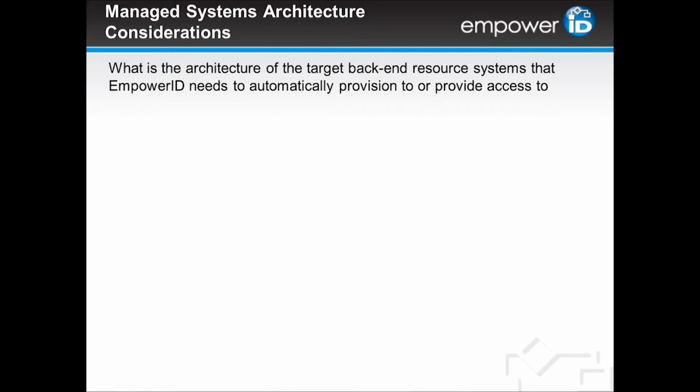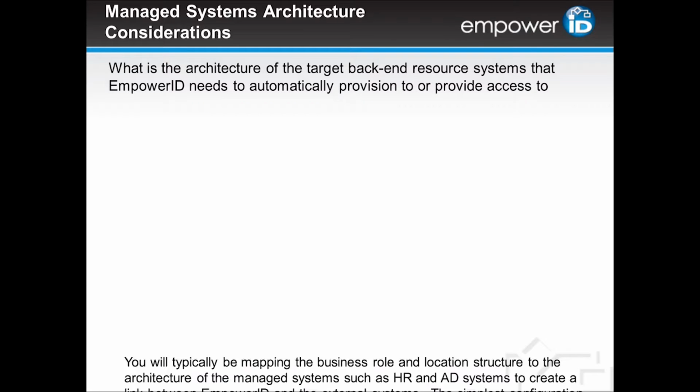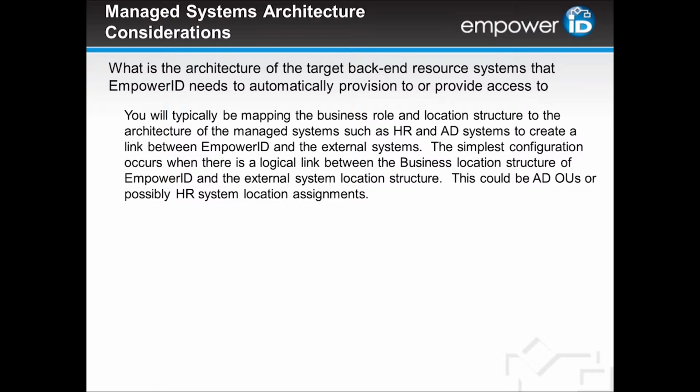So now let's take a look at what the architecture of the target backend resource systems has to do with EmpowerID and our creation of the role and location structure. You'll typically be mapping the business role and location structure to the architecture of the managed systems, such as HR and Active Directory systems.